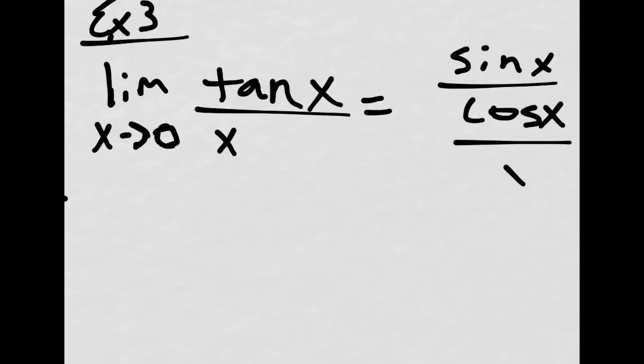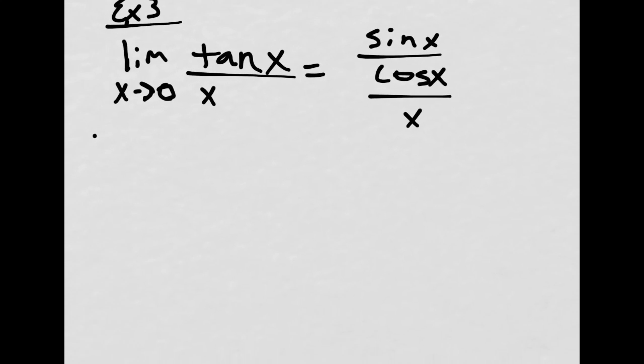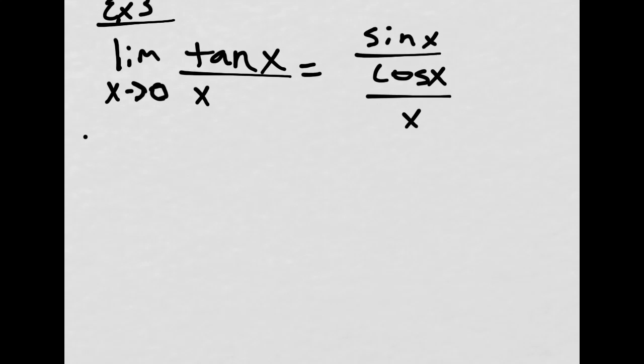And the trick to these, if you do have a trig limit, is more than likely if it's 0 over 0, you're going to do something to where you have sine x over x, or 1 minus cosine x over x. So you'll manipulate it like this. And then if I put x over 1, I have a fraction over a fraction. I can use what I call the ear. So the outer ear goes on top.